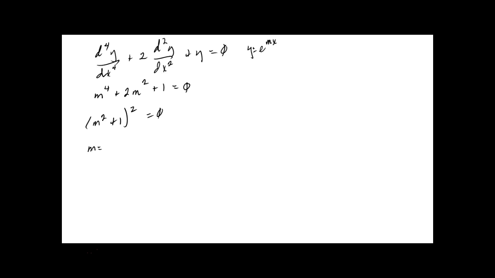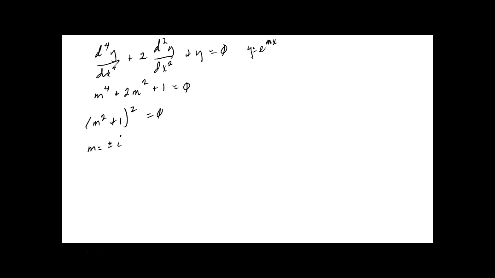So what would m have to be? Plus or minus i. And each of those is a double root, because you got 2 of them. Okay. So each of those is a double root.